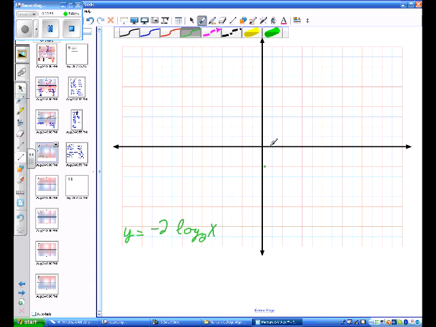At 1/2 we were -1, (1, 0), (2, 1), (4, 2), and (8, 3). So that was our basic graph, what we would call our parent function.